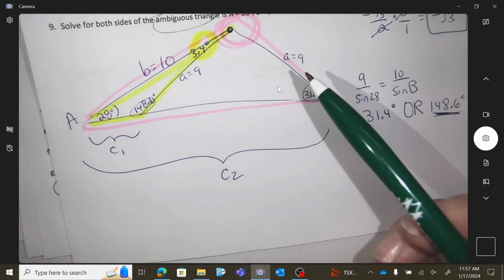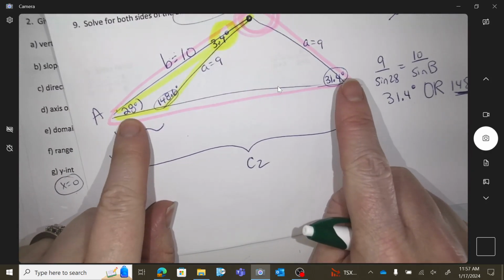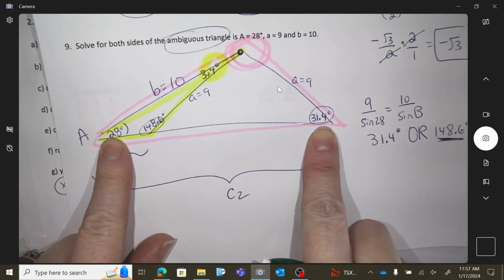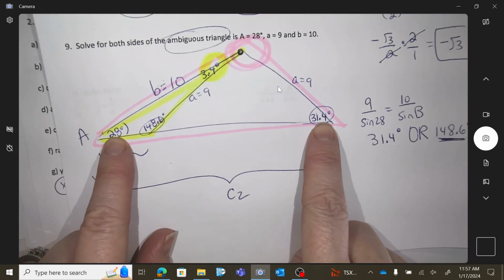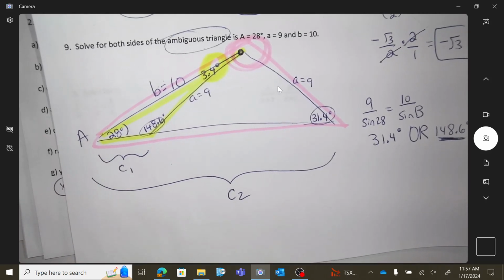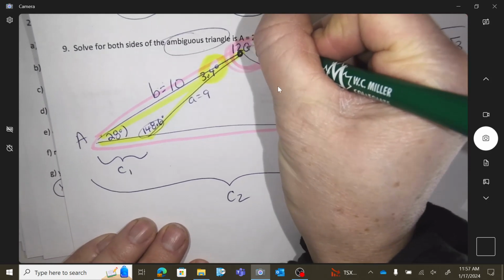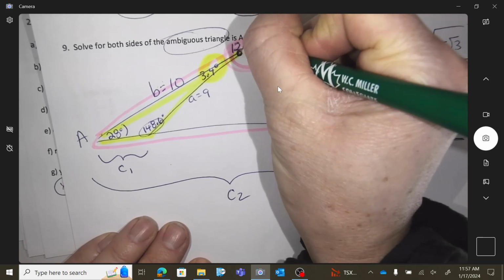Okay, in the pink triangle, visualize the pink triangle. Where are the corners of it? Here and here. So 180 minus 28 and 31.4. Leaving me with 120.6.